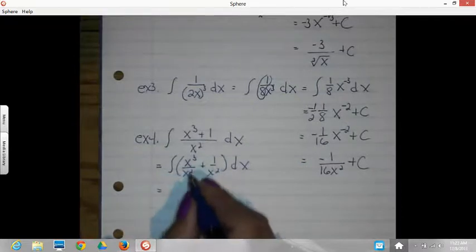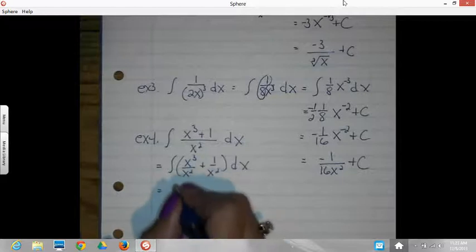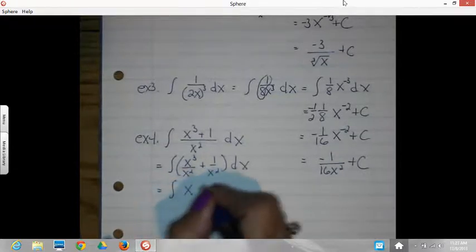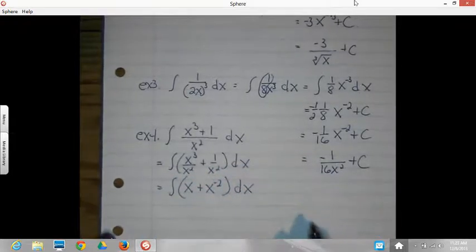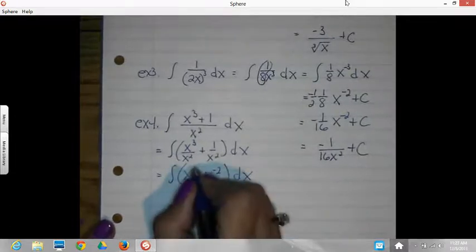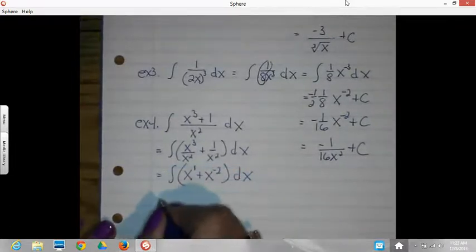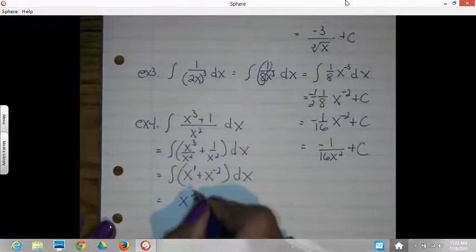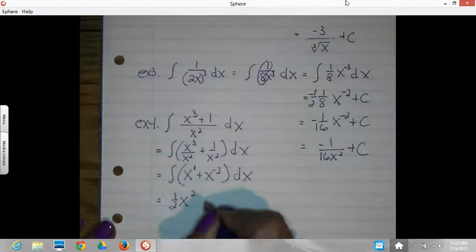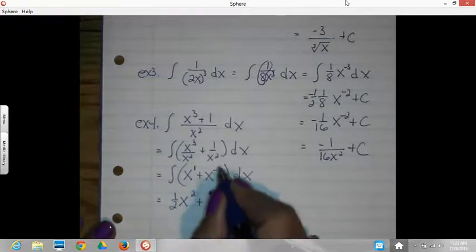I'm going to subtract exponents, or I can bring it up as a negative and add exponents. Either way, I'm going to get x here. Here I'm going to get plus x to the -2. And now it's ready to integrate. Think of this as x to the first. So when you integrate, you add 1 to the exponent, multiply by this reciprocal, plus add 1 to the exponent.